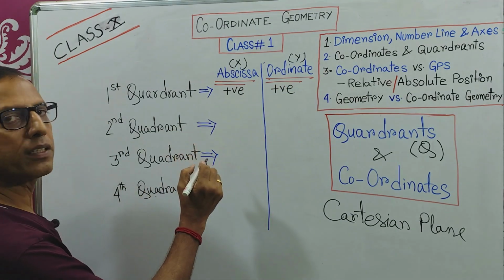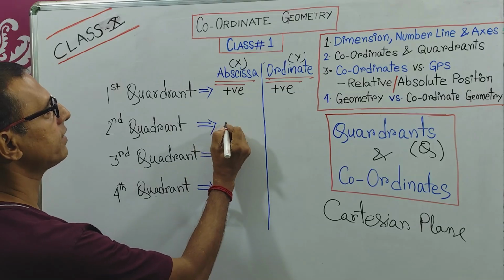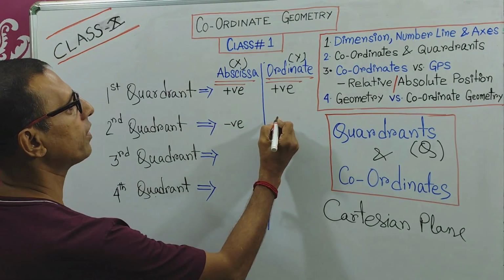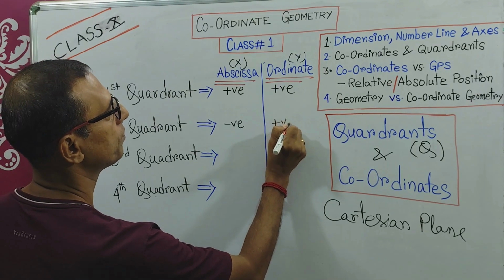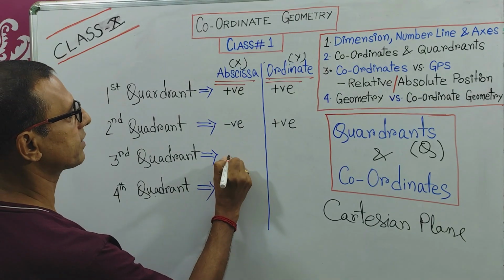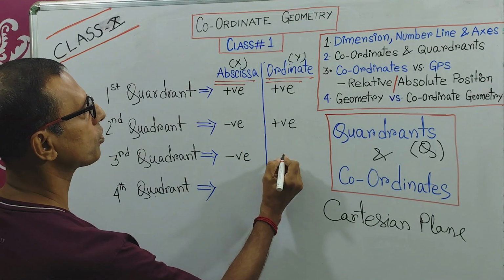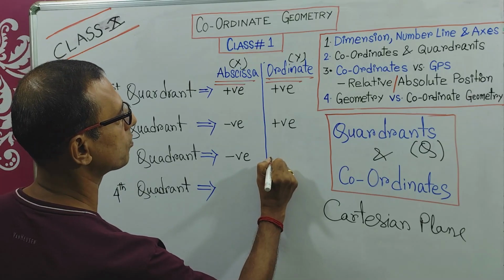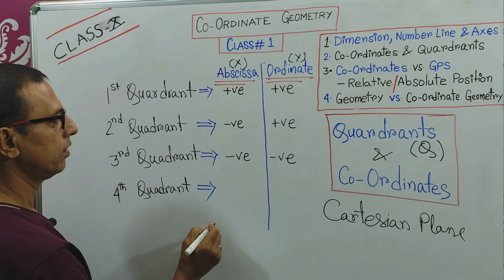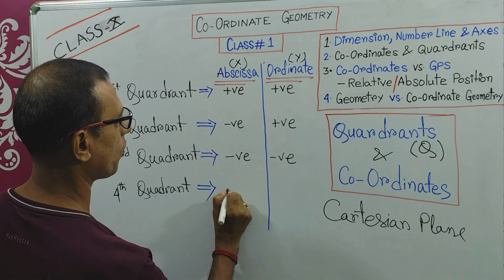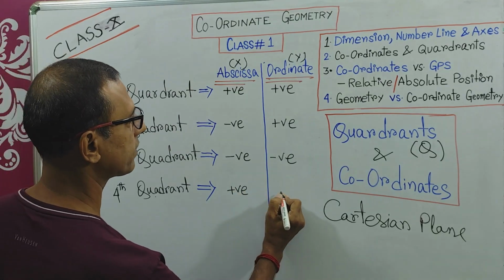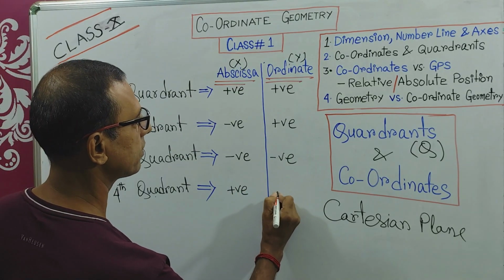In the second quadrant, the abscissa is negative, but the ordinate or y coordinate is positive. In the third quadrant, the abscissa is negative, and the ordinate is also negative. And in the fourth quadrant, the abscissa is positive, but the ordinate is negative.